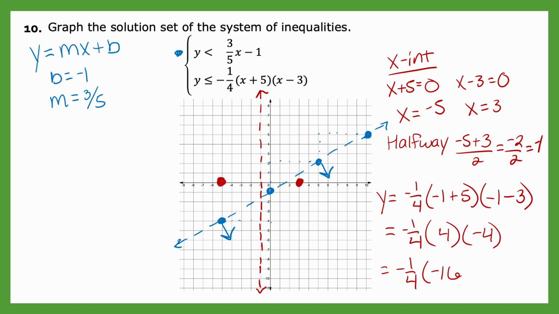So that would be -16. What would -1/4 times -16 be? Just a 4. So our vertex is going to be at (-1, 4). So on that dashed line, go up to 4 and draw a dot.